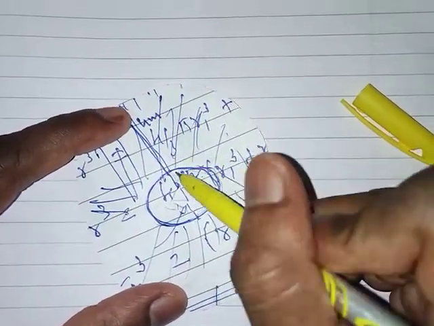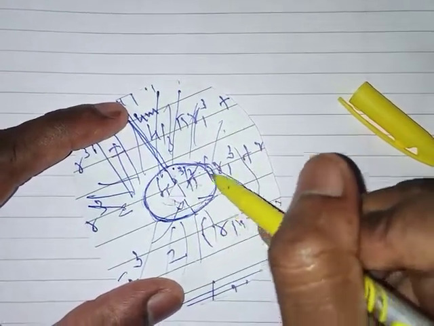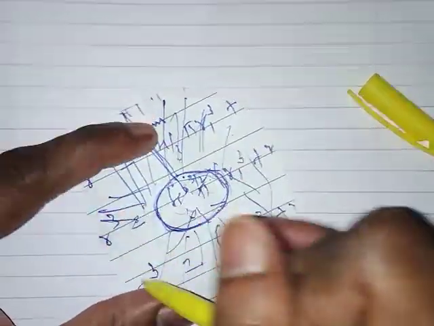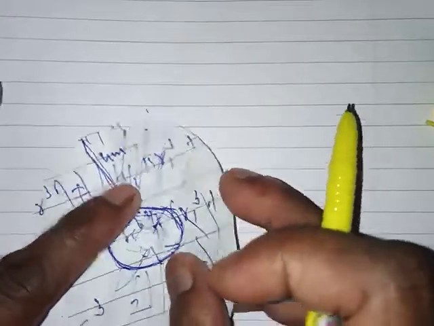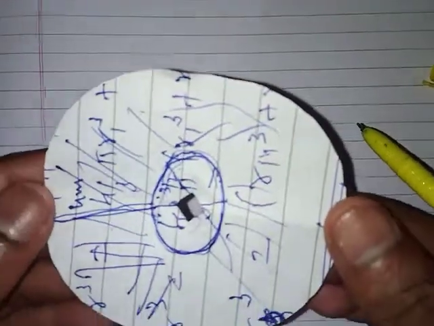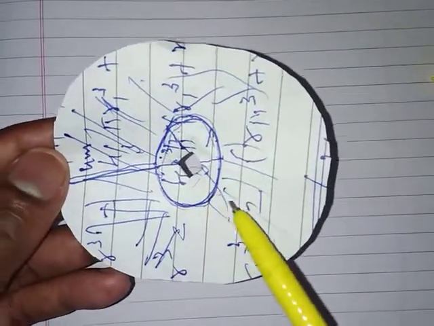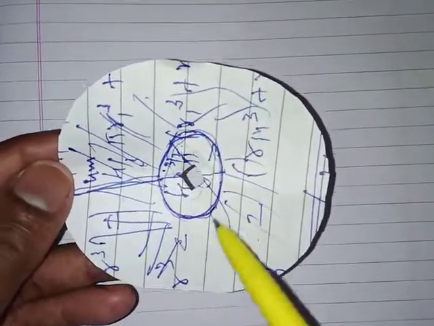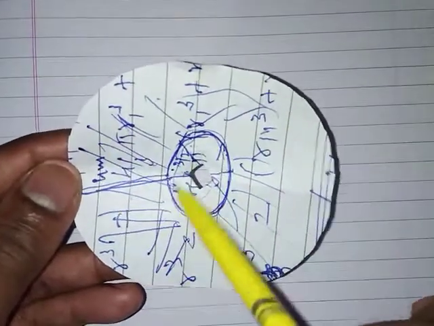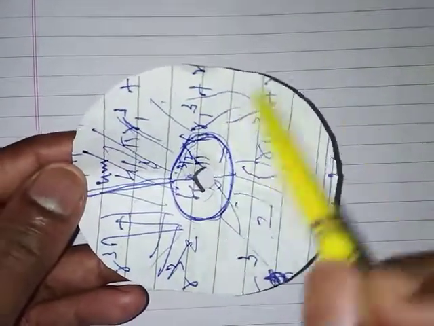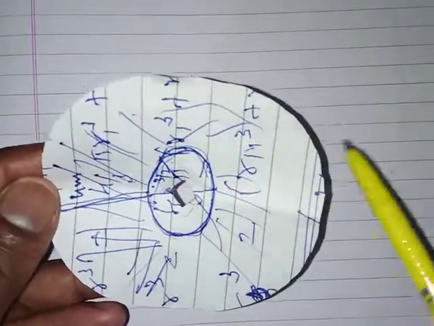You can say this small cylinder and this big cylinder. It is a cylindrical shape, not a circle. So the area of the bigger cylinder minus the area of the smaller cylinder will give you the area of the embankment, and from there we can find the height of the embankment.